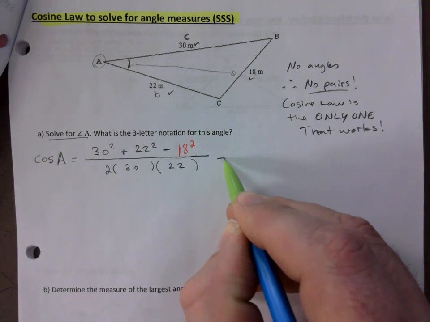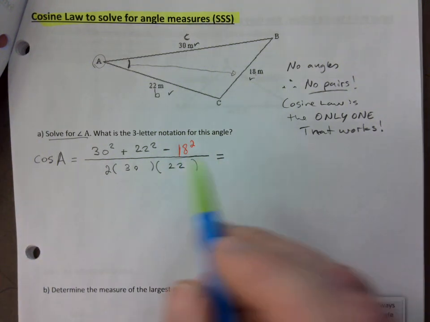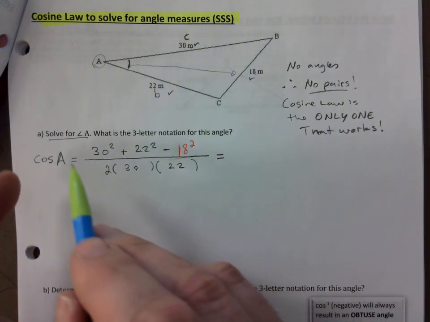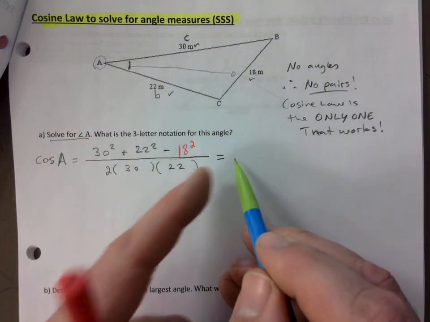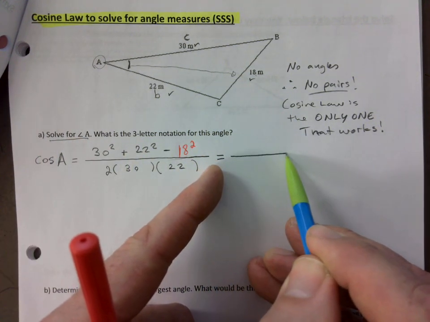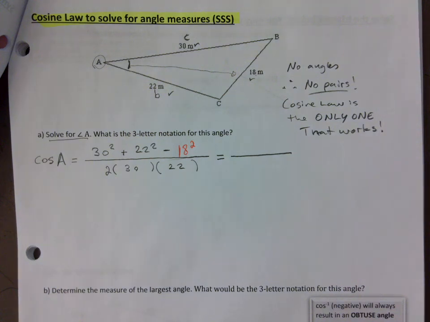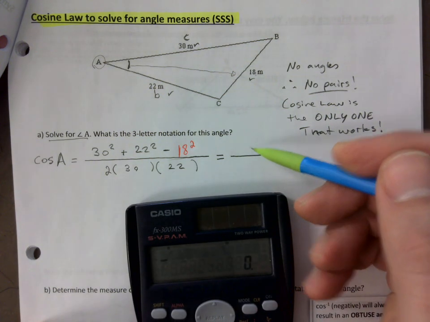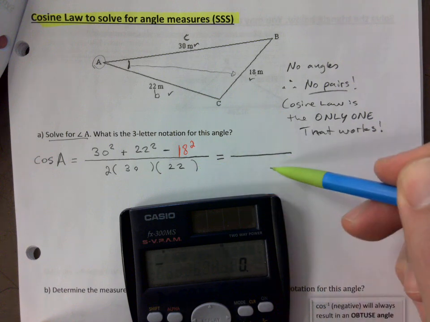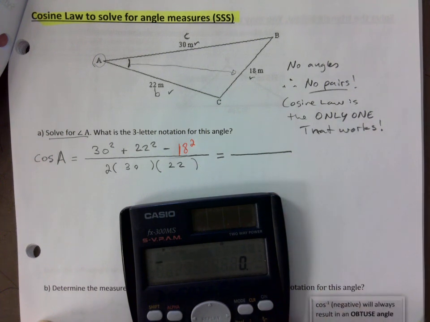Now, I normally don't like equals, but this is not a proportion. This is just cosine of A is going to be equal to all of this, which we're going to figure out. So grab your calculator, do the top, write down the number, do the bottom, write down the number. Do not do this all in one shot.